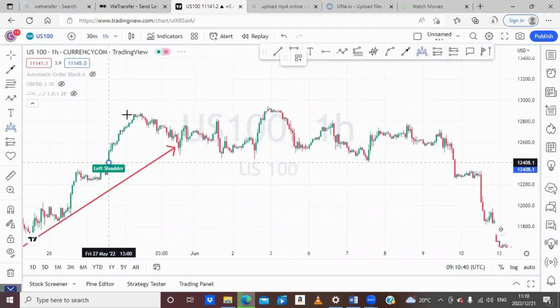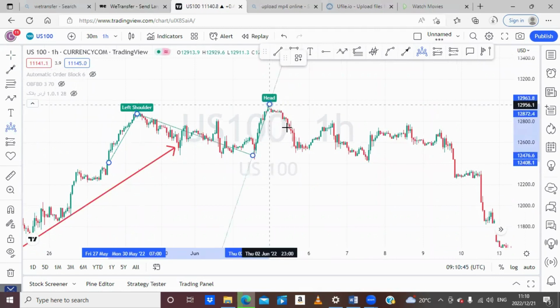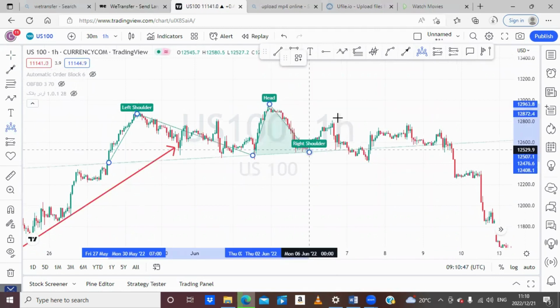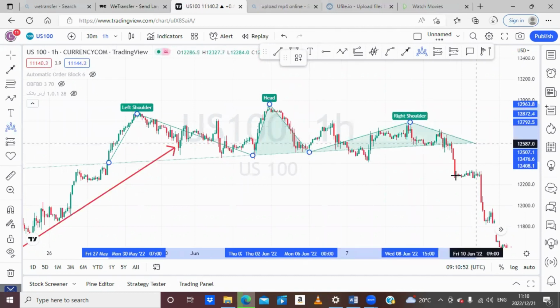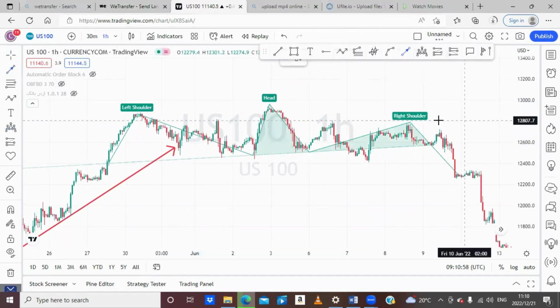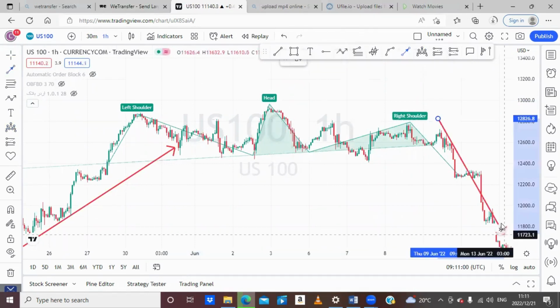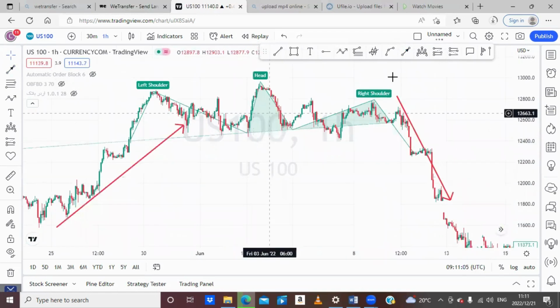We have the left shoulder, the head, the right shoulder. You can put it here because they are at the same price. Then boom, the market went down. Understand? They won't always be perfect, but you should be able to see them. So these are the kind of things you should look for in the market.